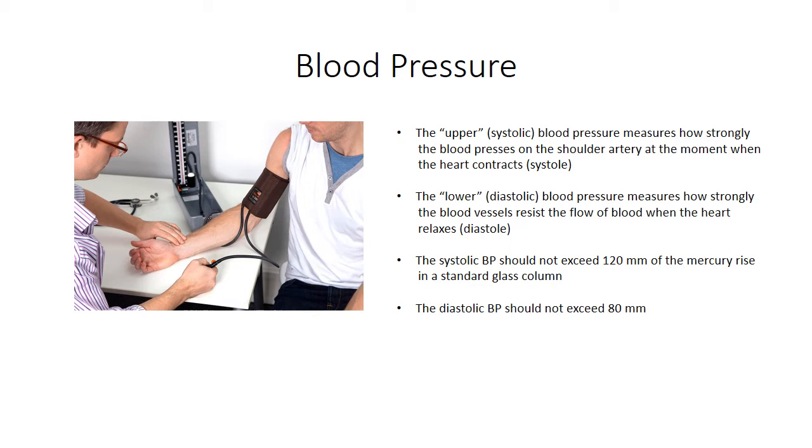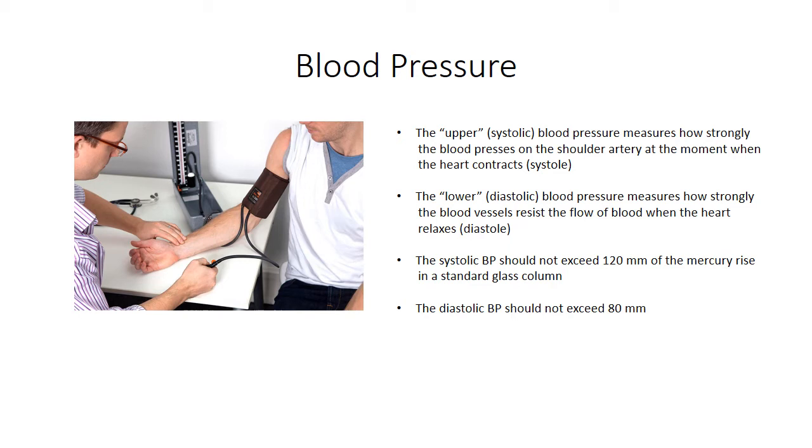More precisely, when the two ventricles, the left and the right ventricles, contract. This phenomenon of contraction of the heart in medicine since ancient times is marked by an ancient Greek term, systole. So it's the systolic blood pressure, or upper blood pressure.